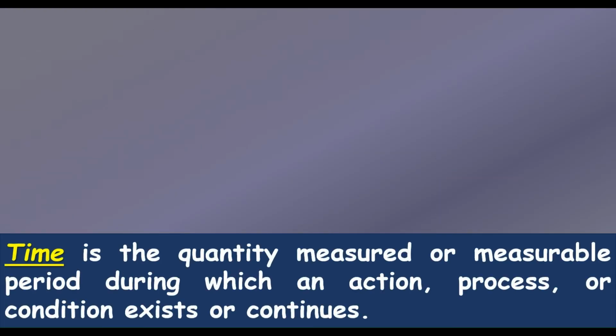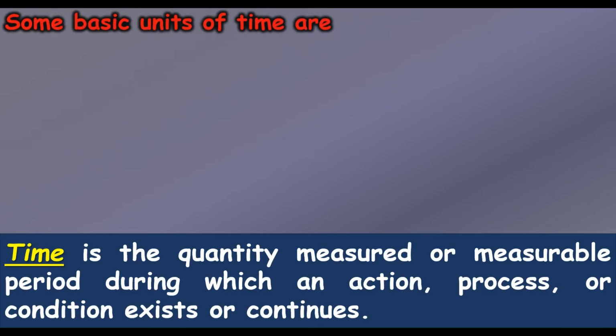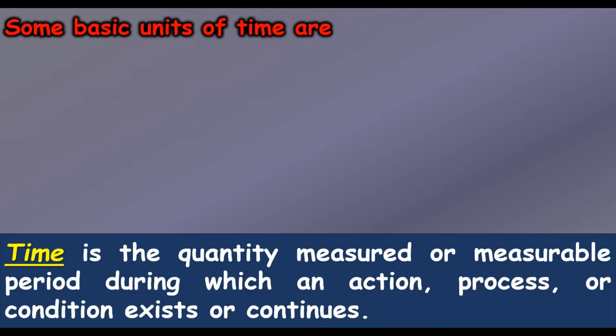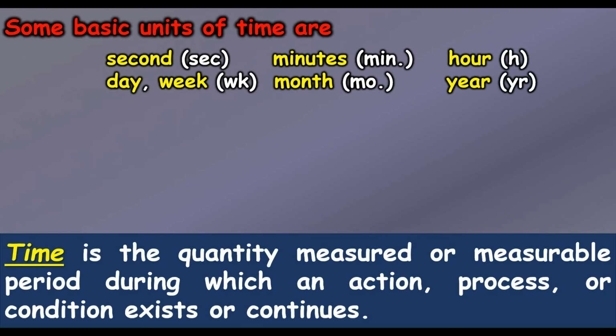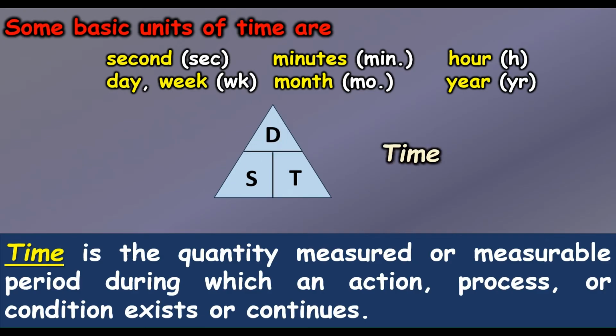Time is the quantity measured or measurable period during which an action, process, or condition exists or continues. Some of the basic units of time are second, minute, hour, day, week, month, and year. We use the equation, time equals distance divided by speed.